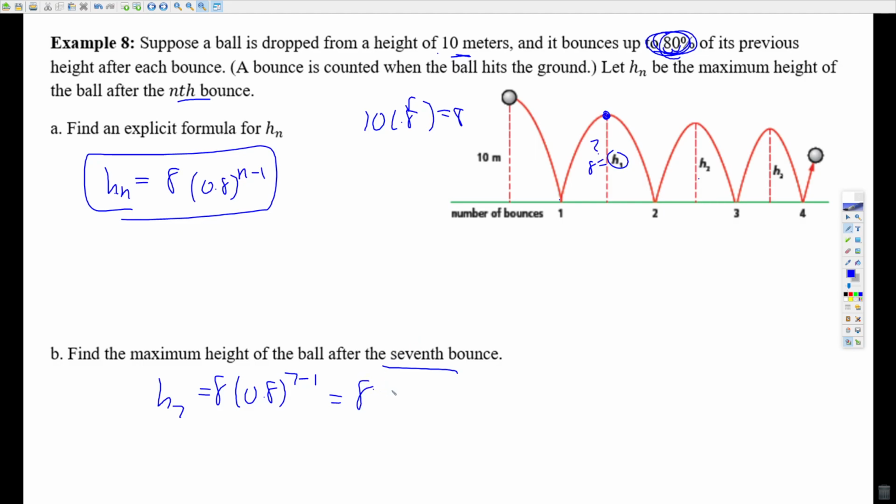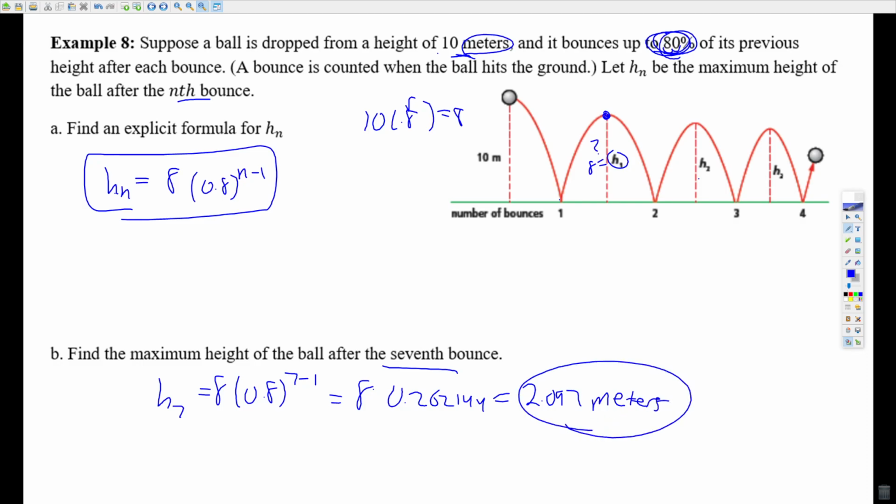This is 0.262144. I'll use all the decimals. And then times that by 8. So you get about 2.097. This is measured in meters, so I'll use m, or write out the word meters.